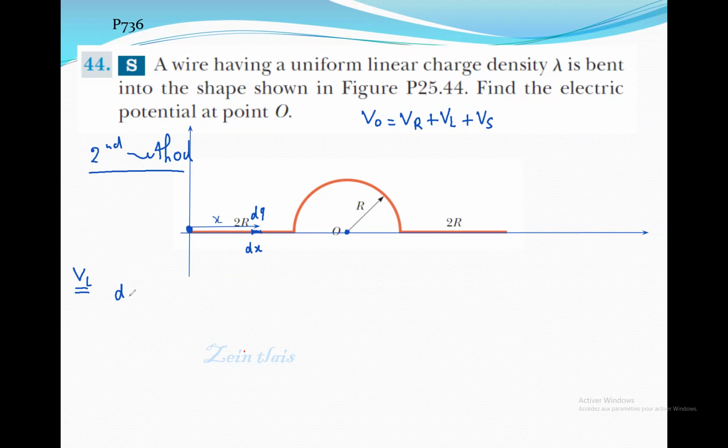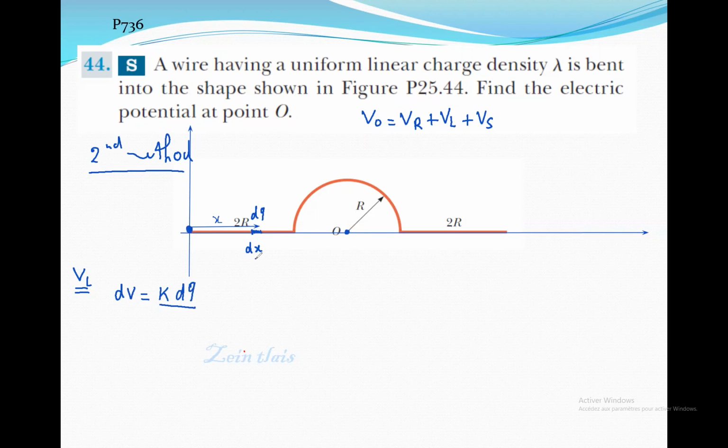Okay, dV is created by dq at the point O. You can say point O, point A, point P as you like, but it means at this position, equals K dq divided by the distance between dq and the point where I want to calculate the total electric potential.